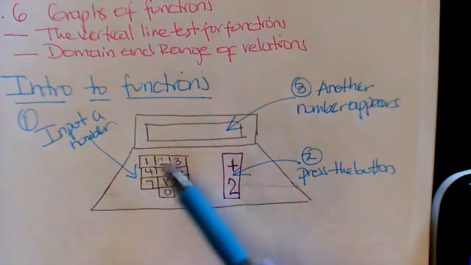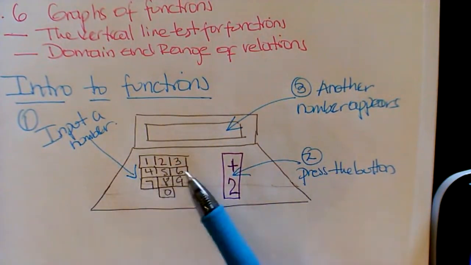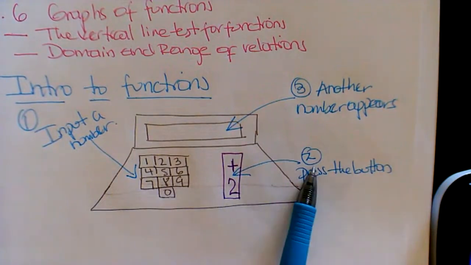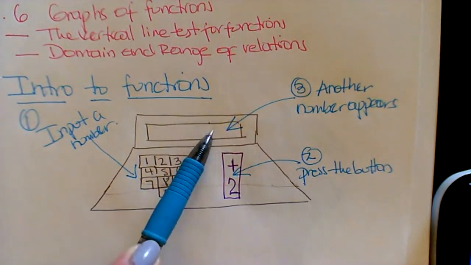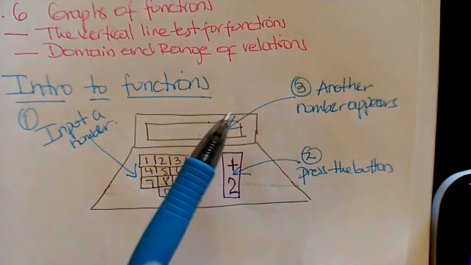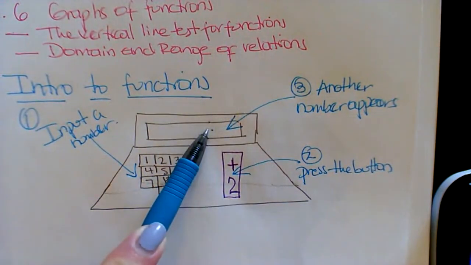In this case, it's the calculator. And when we press the button in step 2, what happens? Another number comes out in step 3. And this is known as the output or range of the function.